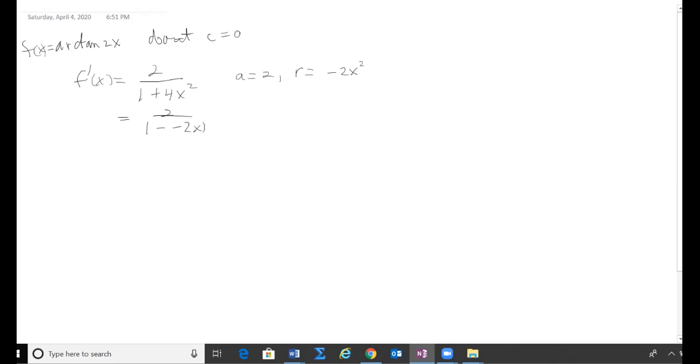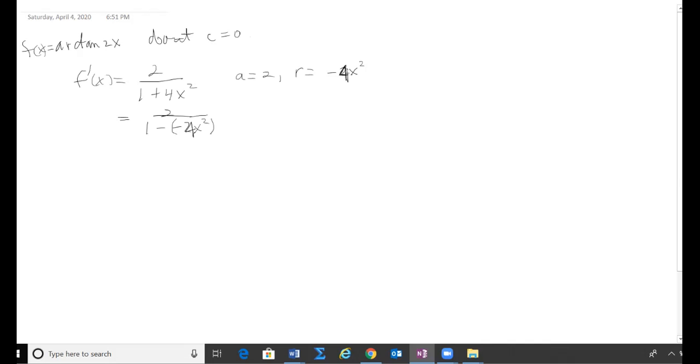Negative 4x squared. Here, let's see. Okay, with a 4 in there. So you can see, in this case I wrote this 2, this is a 4, I'm sorry. Just double check my work here.